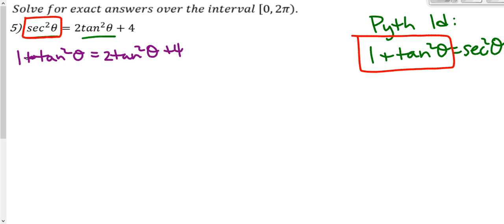Okay, let's get everything over to one side. I'm going to get everything over to the right, so I'm going to subtract tangent squared theta from both sides.